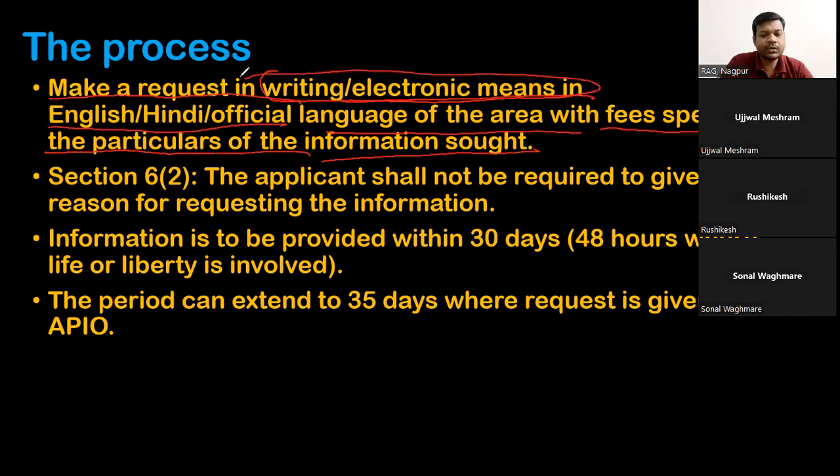Nowadays, you have to go through the RTI portal. Just log into the RTI portal and you can file your RTI directly there itself. You can ask for information in either English or Hindi or any official language in the area.